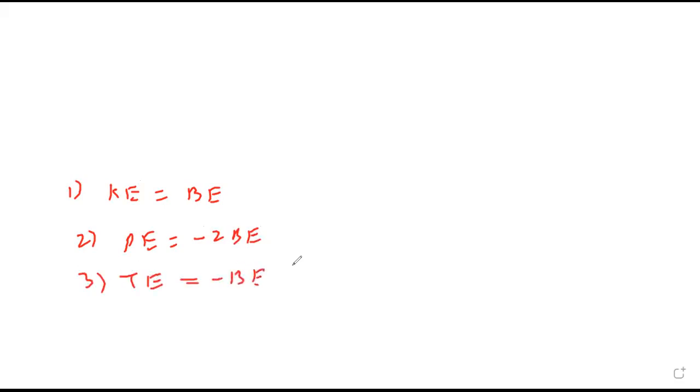Kinetic energy is the same as binding energy. Potential energy is minus of twice binding energy. And total energy is the opposite of binding energy. Please write this relation.